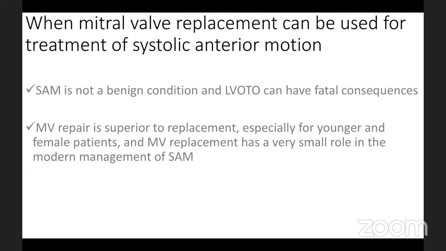So mitral valve replacement can be used as a treatment of systolic anterior motion. SAM is not a benign condition, and LVOTO can have fatal consequences. Mitral valve repair is superior to replacement, especially for younger and female patients.